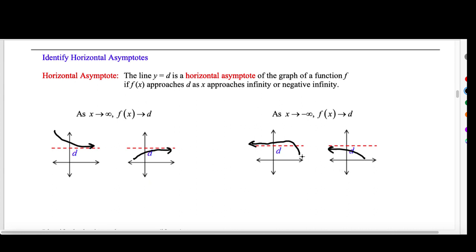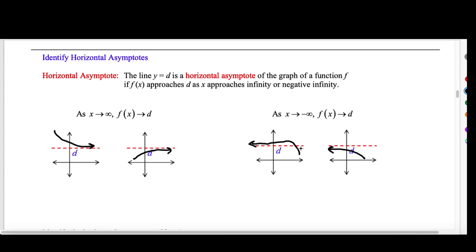Notice that it actually is possible for a function to cross or intersect a horizontal asymptote, as we see here. The asymptotic behavior essentially takes place when x gets really big or really small, but for some other value of x, it may actually intersect or cross the horizontal asymptote. That is not the case for a vertical asymptote.